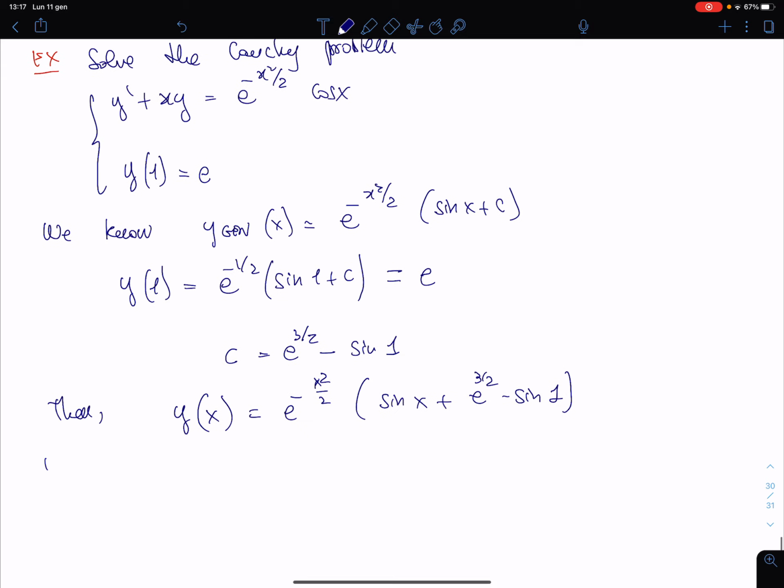This is the unique solution to the Cauchy problem. And notice that it is global. This was not guaranteed a priori. Okay, and this is all for this category of differential equation, and in the last lecture we will meet the last class of differential equations we are interested in.